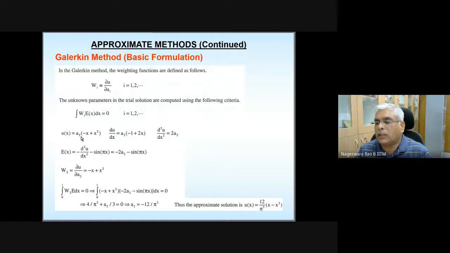All those steps are common for the least square weighted residual method, collocation method, and Galerkin method. So directly the admissible solution is taken, then the other derivatives are taken, the error function is defined, and now the weight function is as per this definition given by Galerkin.